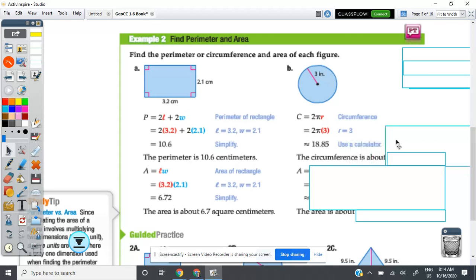You could also just use 3.14 because we're only going to go to hundredths right now. We're going to round to the nearest hundredth. So remember, we're going around, so it's a string, so it's just the length, so it's one dimensional, so it is not squared. So it's 18.9 inches.